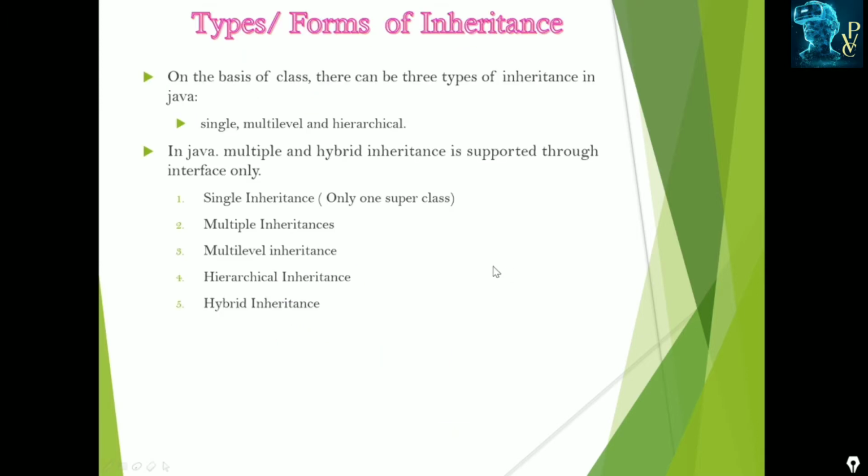And different types of inheritance. On the basis of class, it can be three types: single, multi-level, and hierarchical. In Java, multiple and hybrid inheritance also exist, but they are not supported through classes; they are supported through interfaces only.